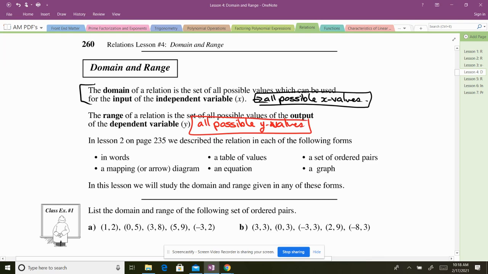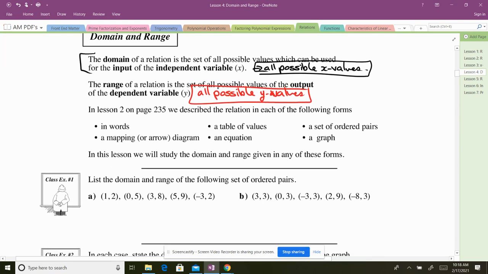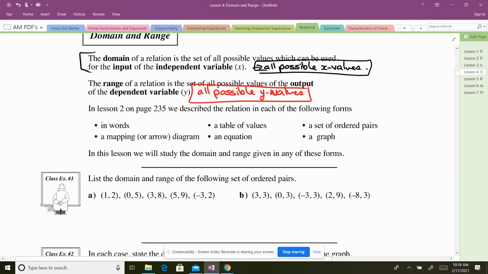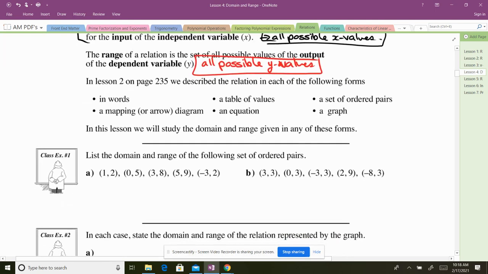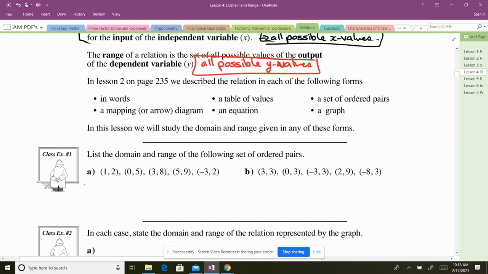Okay, so let's look at this. We have a set of ordered pairs here, A and B. If I'm asking for the domain, which I'm going to represent as D, so in these ordered pairs, which one is the x? First or the second? First. So the first is all the x values, right?